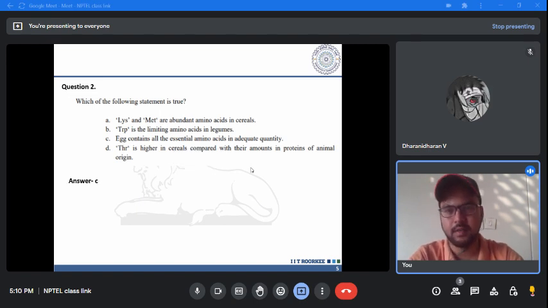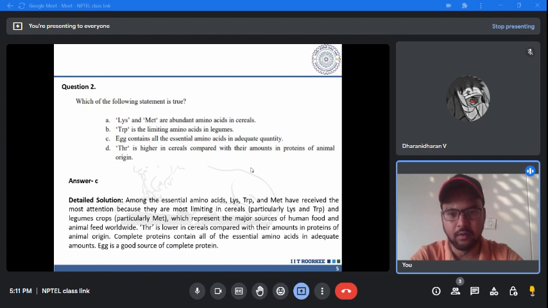Okay, so the answer is C. The egg contains all the amino acids in adequate quantity. That's why when it comes to the diet, physicians or doctors suggest that you take egg because it contains nearly all amino acids.